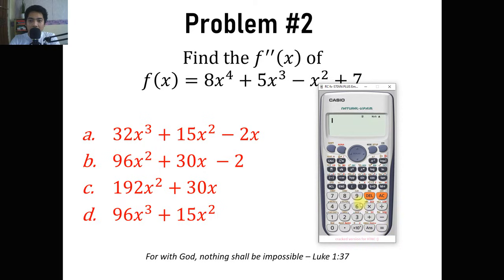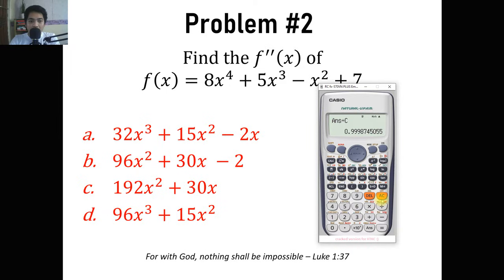So let's go back to letter B, I mean, 96x squared plus 30 alpha x minus 2. Calculate x 0.1, equal sign, and then answer divided by the alpha c. So approximately this is equal to 1, since 0.999.